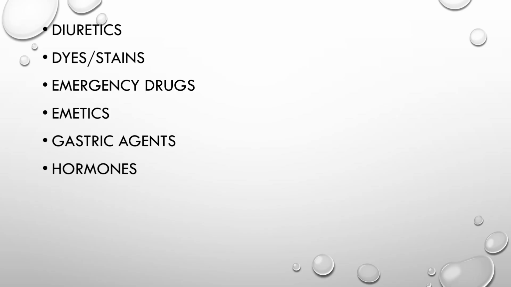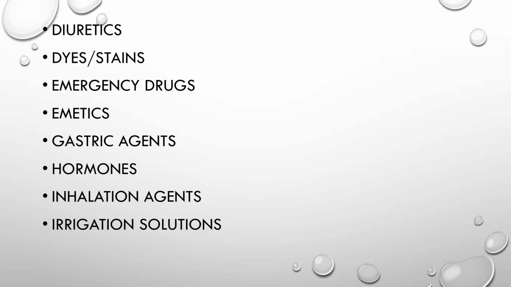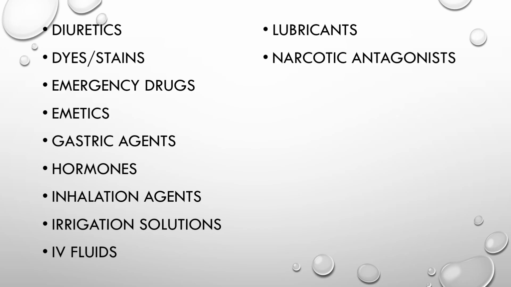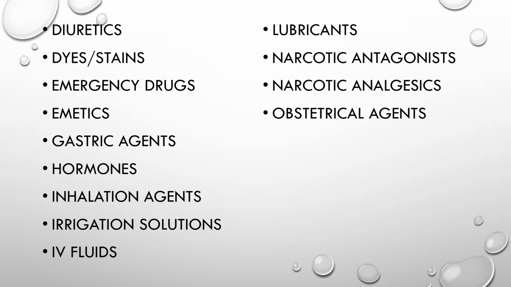Emetics, gastric agents, hormones, inhalation agents, irrigation solutions, again, lots of times flushing out the openings, IV fluids, lubricants, narcotic antagonists, narcotic analgesics. So we have just regular analgesics and antipyretics. Then we also have the narcotic analgesics.